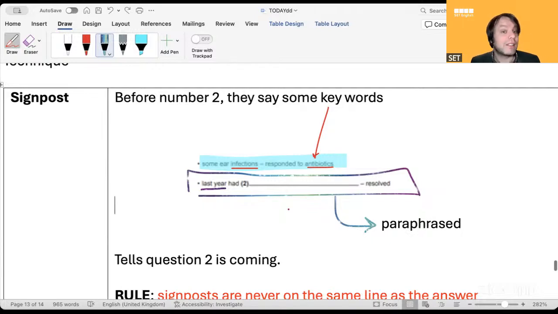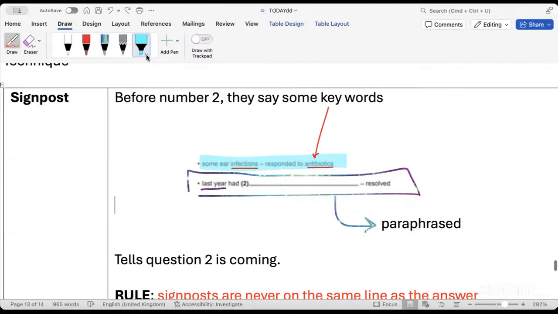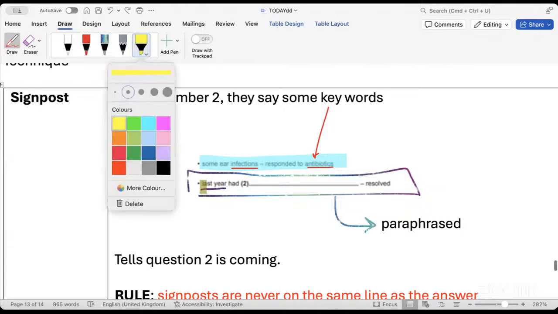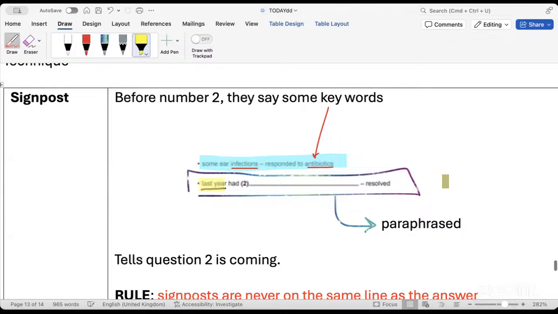Or they might say, well, doctor, headaches is what I had, and it was resolved, thankfully, last year. So what happened there? He said last year at the end. This was at the end, okay?